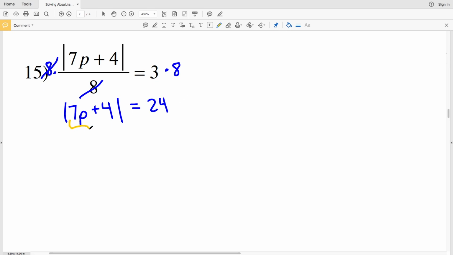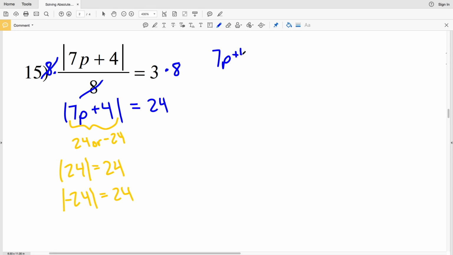So 7p plus 4 equals 24, or it equals negative 24, since the absolute value of 24 equals 24, and the absolute value of negative 24 equals 24. So let's set up our two different equations. 7p plus 4 equals positive 24, and 7p plus 4 equals negative 24.